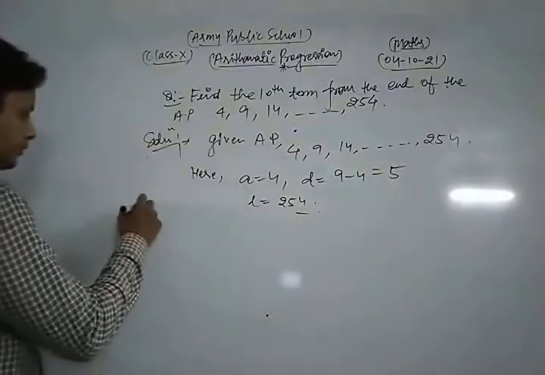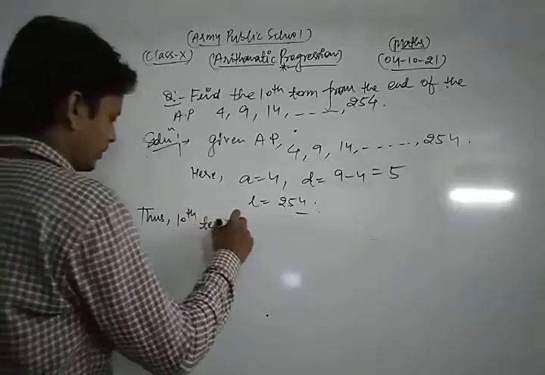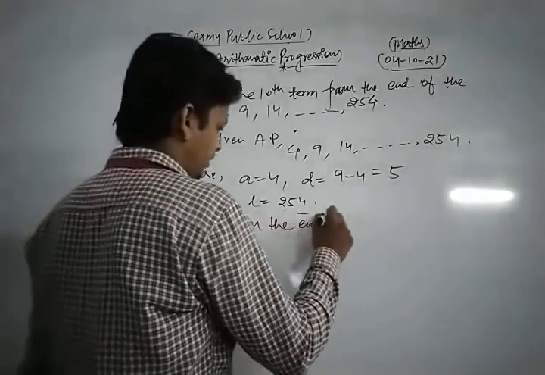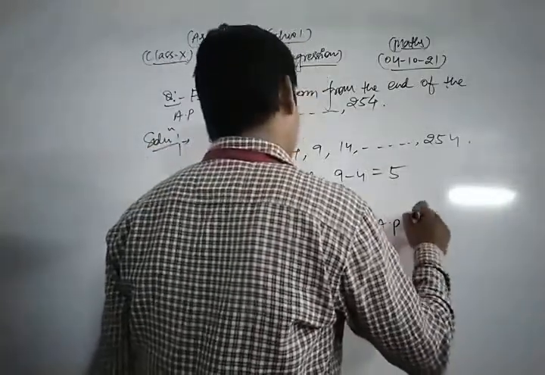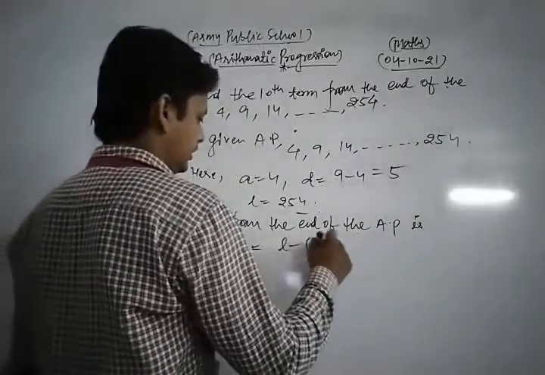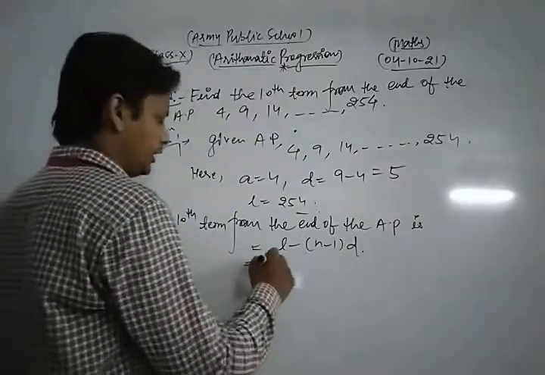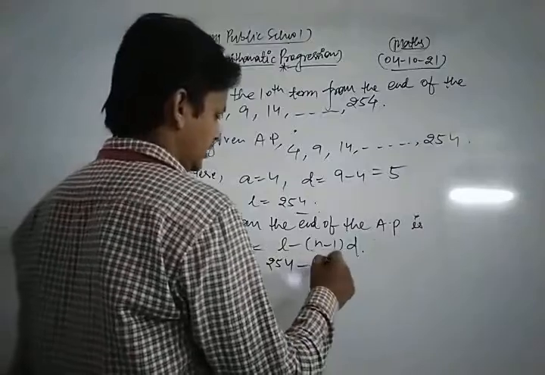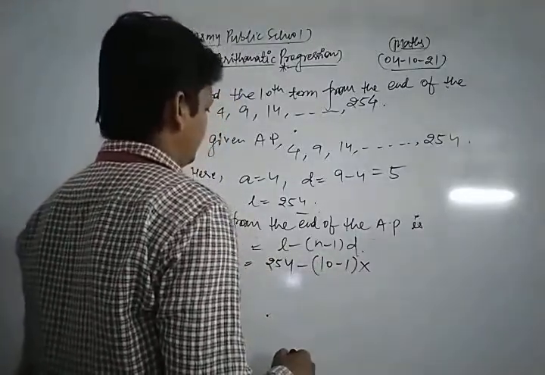Thus, the 10th term from the end of the AP is L minus n minus 1 into D, by using this formula. Here L is 254 minus n, this is 10 minus 1, into D, which is 5.